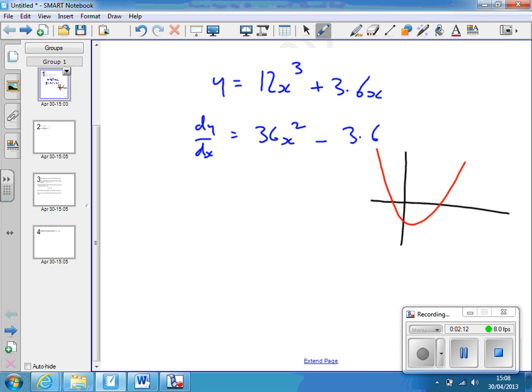And so, when I'm letting this differential, dy by dx, equals 0, that's telling us something special about the function, isn't it? At what point does dy by dx equal 0 on that curve?